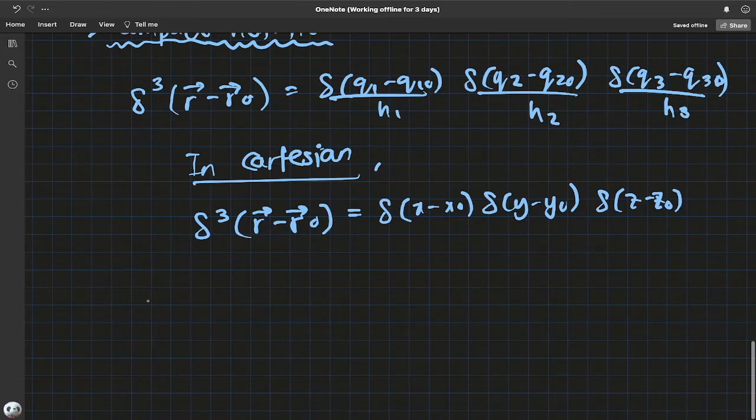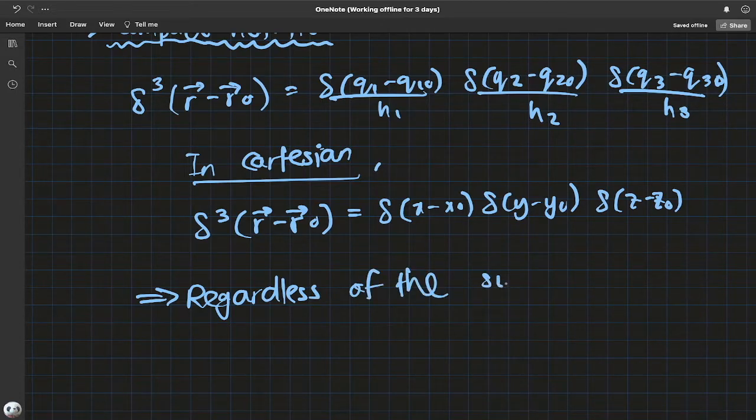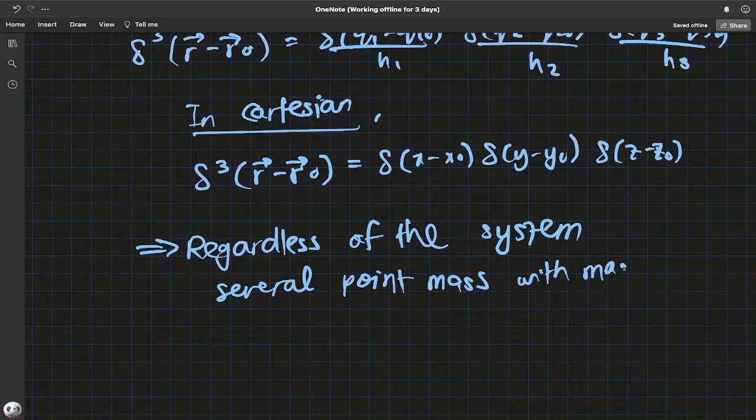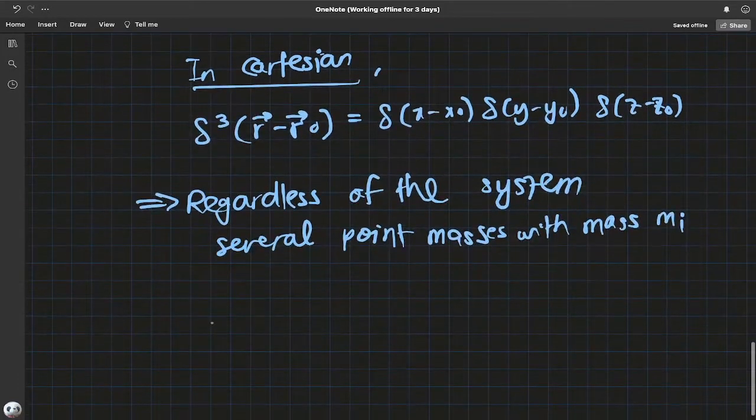So one important point is that regardless of the system, several point masses with masses m sub i can be represented by this grand density function.